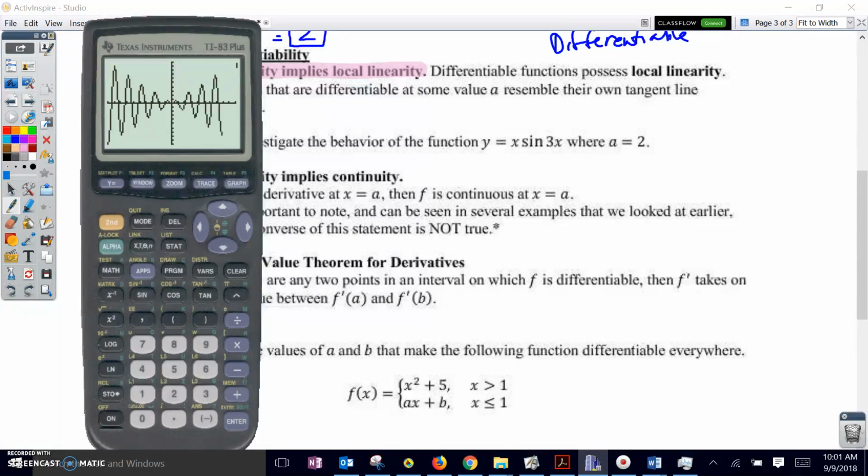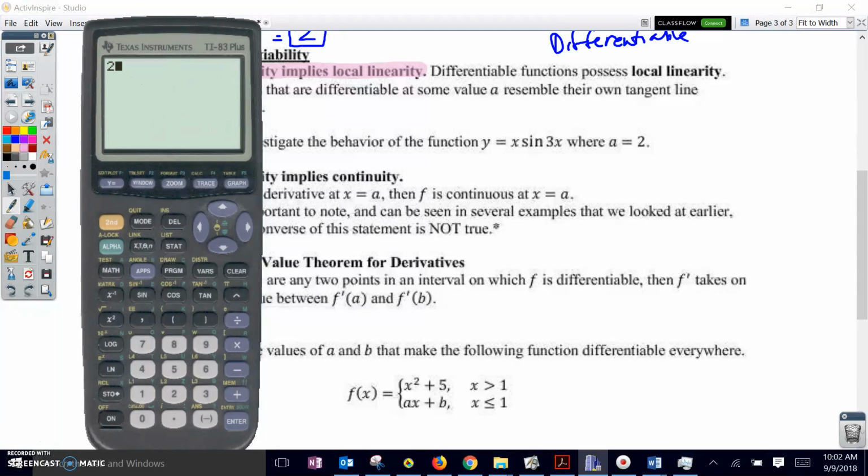And you see this is a pretty crazy curve. But we're specifically interested in the behavior around where a is equal to 2. And so I'm going to zoom in on this.